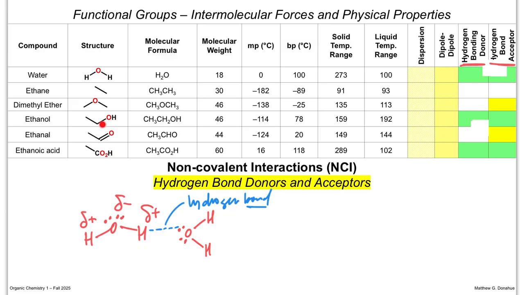And again, you can draw sort of the same thing for ethanol or ethanoic acid, that sort of interaction. So what's a donor and what's an acceptor? So in terms of the hydrogen bond donor acceptor, so the thing with the OH, that's the donor. The thing with the lone pair is the acceptor.